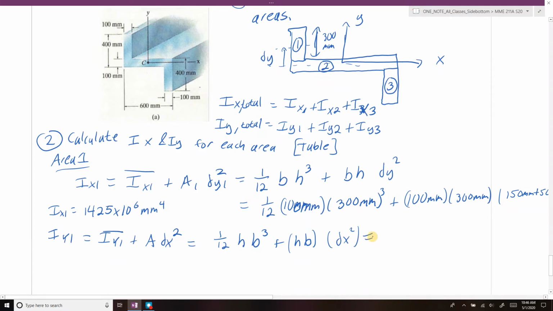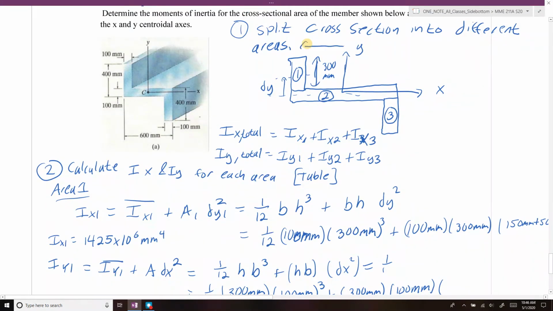Right, so if we plug in our known terms, you get 1/12 times the height, in this case 300 millimeters, times the base, which is 100 millimeters, plus the height, 300 millimeters, times 100 millimeters, times dx, which is going to be the distance from the y-axis to the center of section 1.